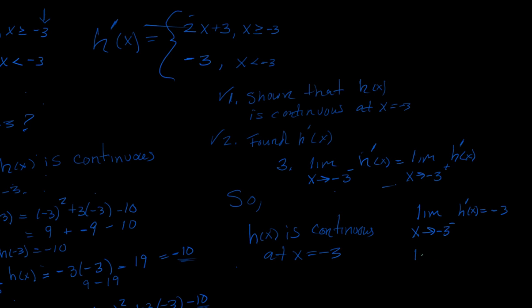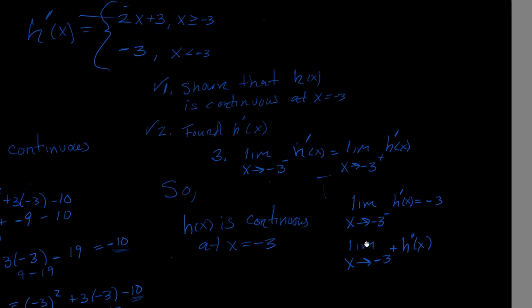On the other hand, the limit as x approaches -3 from the right of the derivative of h of x, well, now we have to use this top rule because we're approaching -3 from the right, so we need to use values of x that are greater than -3. So that will be using that top rule, which is 2x plus 3 for the derivative.